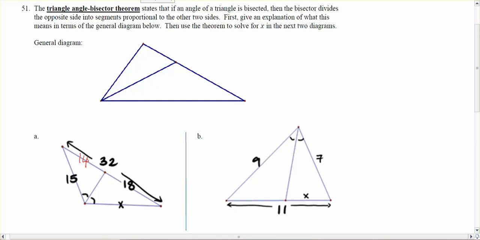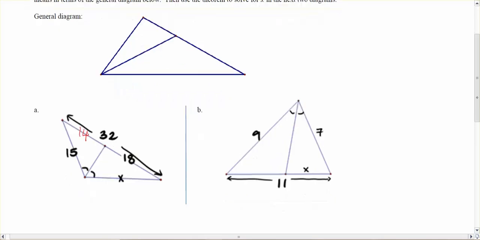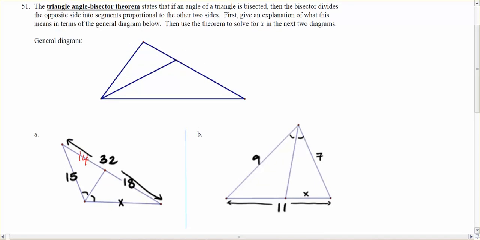Okay, so we've got a couple theorems left in this unit, and the first one we can fill in is number 51. There's a theorem described there called the triangle angle bisector theorem.